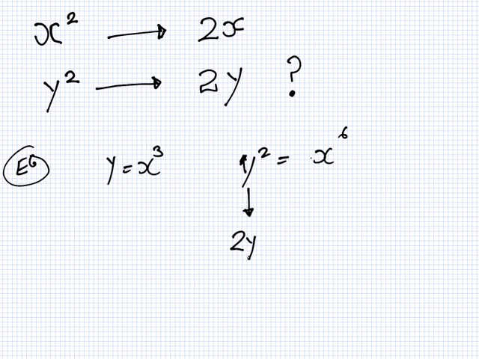That's what we might think we get. And if we differentiate x^6, we get 6x^5. This makes y equal to 3x^5, which is totally wrong, because y was x cubed. So y squared doesn't differentiate like this. It's not the same as x squared.